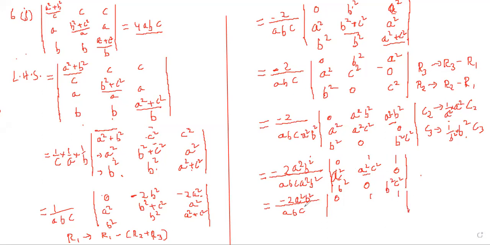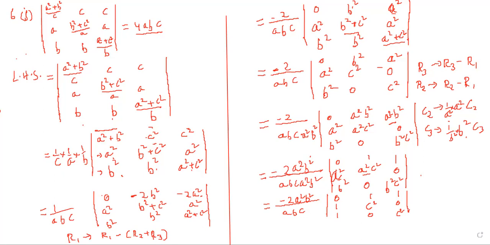In second row, a square is common, which we already have written. So 1, c square, 0. In third row, b square we have taken common. So 1, 0, c square.